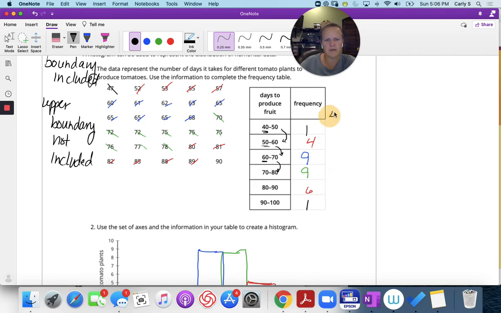So we're going to have to do 40 to 45, and then 45 to 50, 50 to 55. You remember the lower bound includes, the upper bound does not. 55 to 60, 65 to 70, 75.